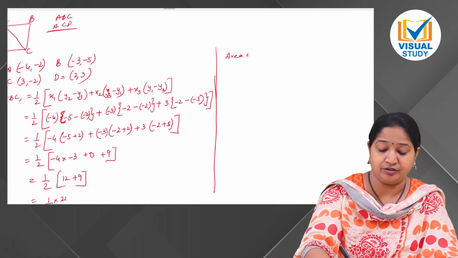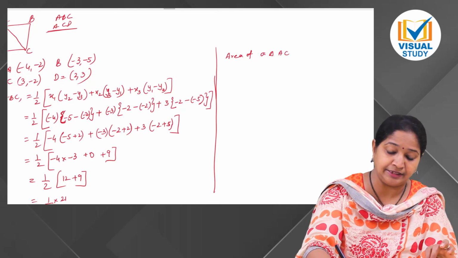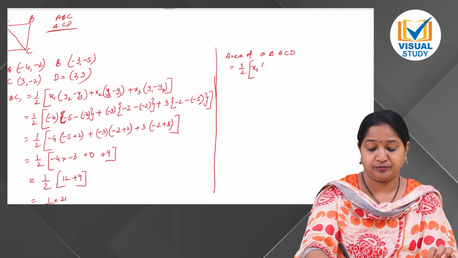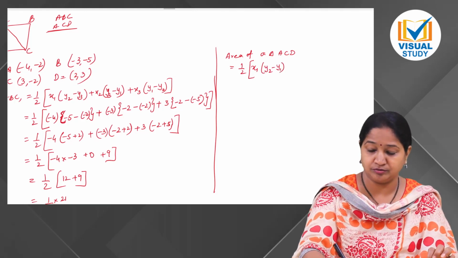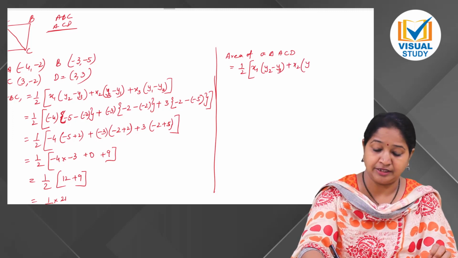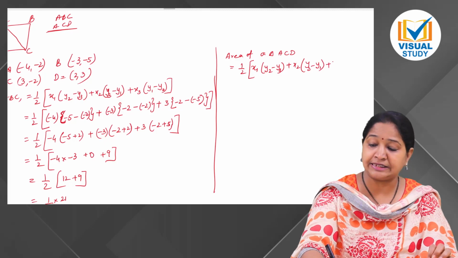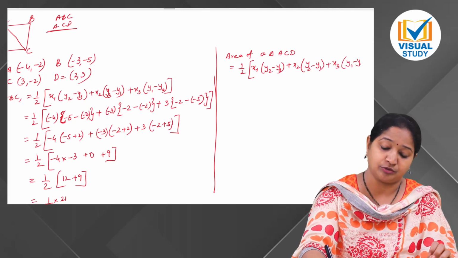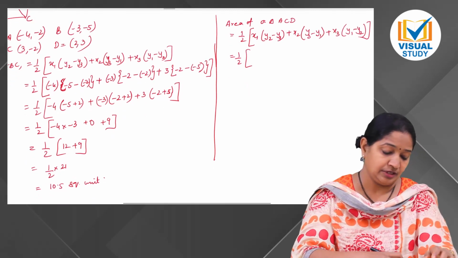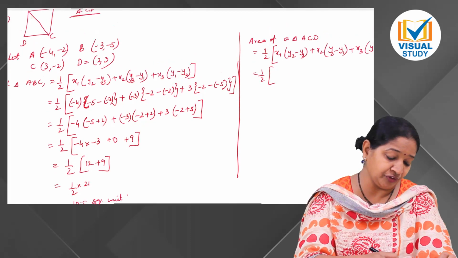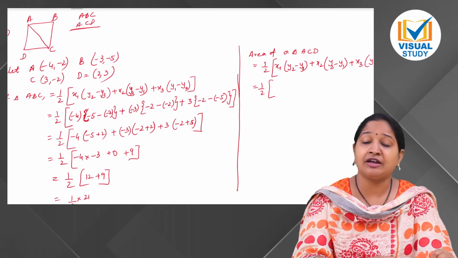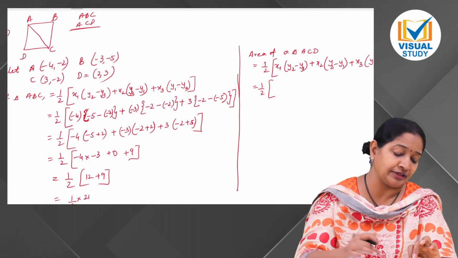Area of triangle ACD is again half into x1(y2 - y3) + x2(y3 - y1) + x3(y1 - y2). Take A, C and D, so x1, y1, x2, y2 and x3, y3.